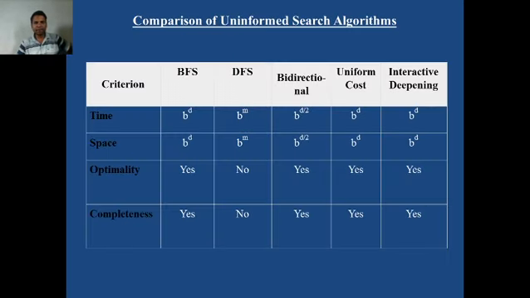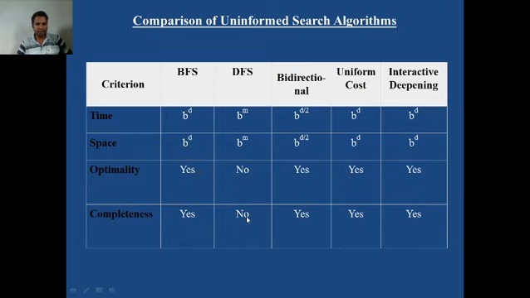So this is the comparison between all the uninformed search algorithms, based on the parameters: completeness, space complexity, time complexity, optimality. You will find here that only depth first search is not at all optimal, the others are optimal in some cases.